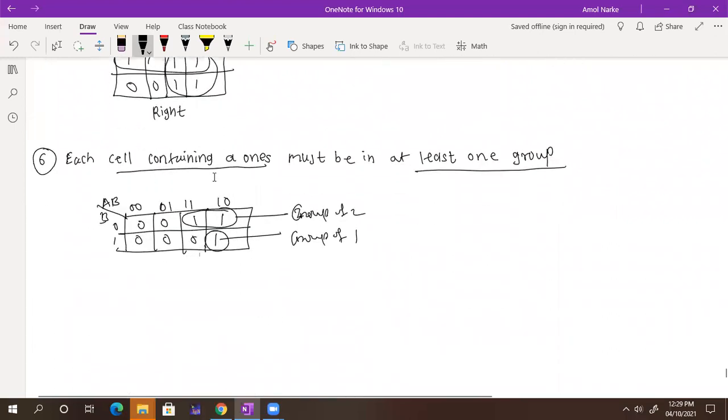Each cell containing ones, overlapping is allowed. It means intersection is allowed. And a fewer number of groups is also possible. These are the fewer number of groups which are also possible. Got it, everyone?